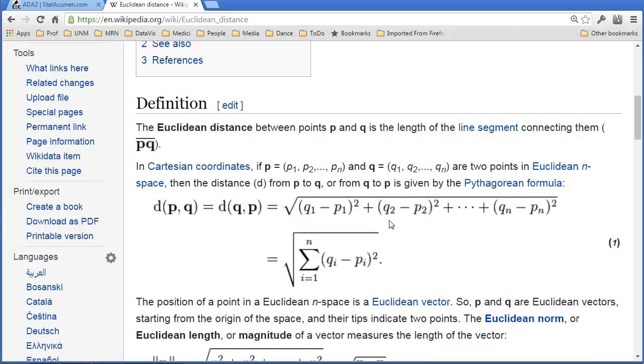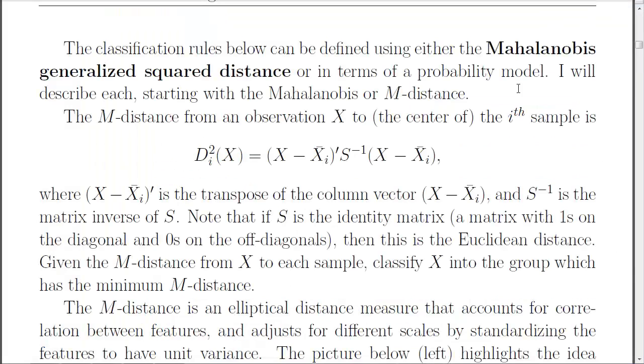A squared plus b squared equals c squared, but then when you find the distance c, you take the square root of a squared plus b squared. And a is the distance in one dimension, and b is the distance on the other orthogonal dimension. And so that's what's happening here. This distance, the observation minus the mean for sample i.